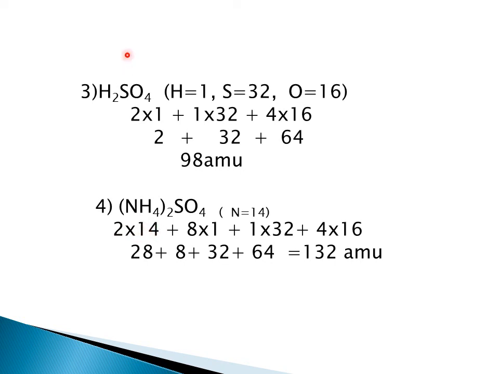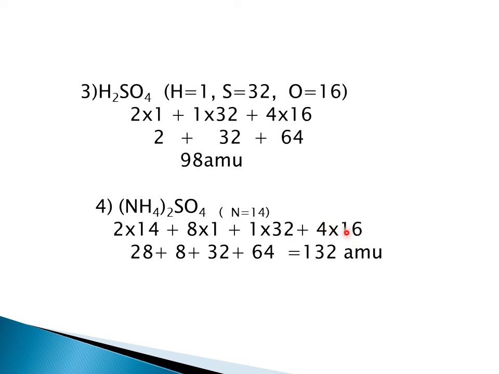Since there are 2 atoms of nitrogen, we write it as 2 into 14 plus how many atoms of hydrogen are there? 4 into 2, 8. Therefore 8 into the atomic mass of hydrogen 1, 8 into 1, plus sulfur 1, that is 1 into 32, plus oxygen 4, 4 into 16.